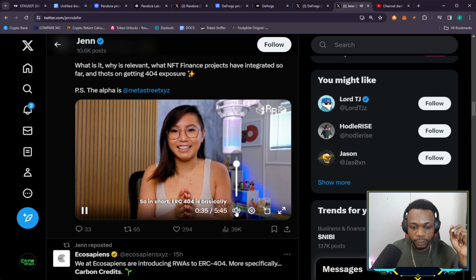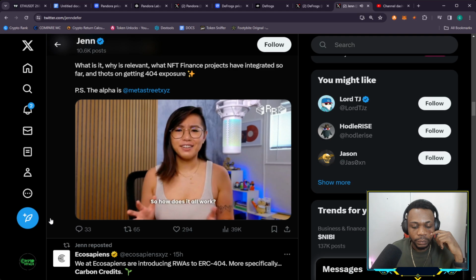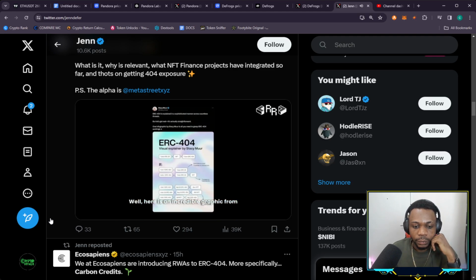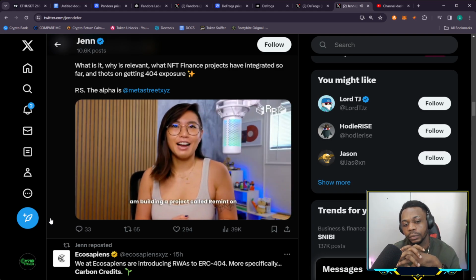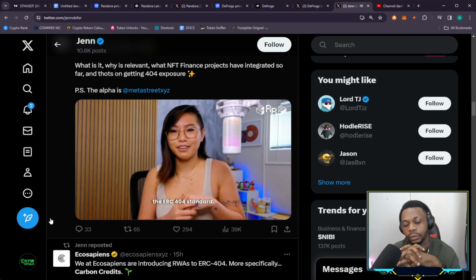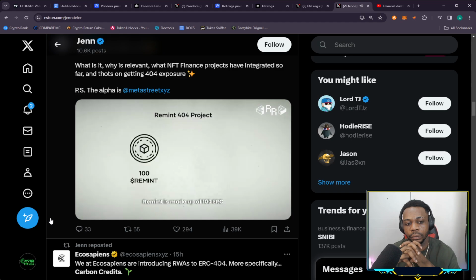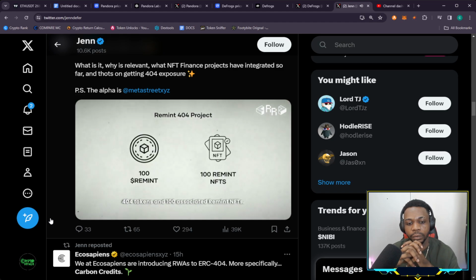ERC404 is basically an NFT that is natively fractionalized. So how does it all work? Well, here is an incredible graphic from Stacy Murr that breaks it down. Following this chart, let's pretend that I am building a project called Remint on the ERC404 standard. Remint is made up of 100 ERC404 tokens and 100 associated Remint NFTs.